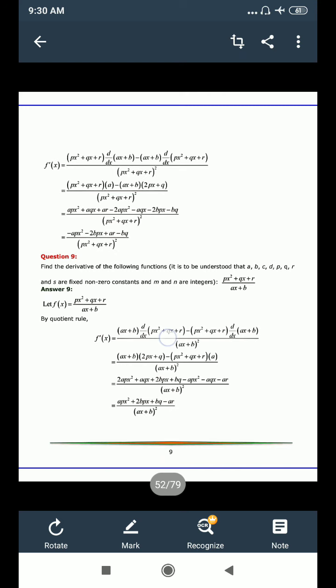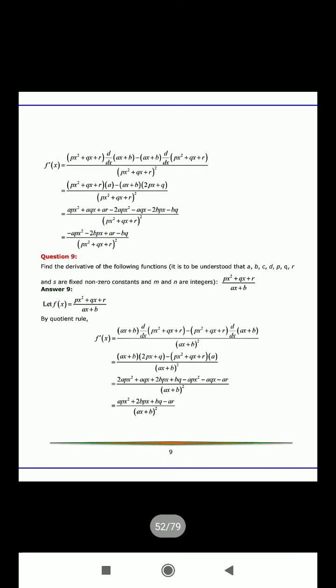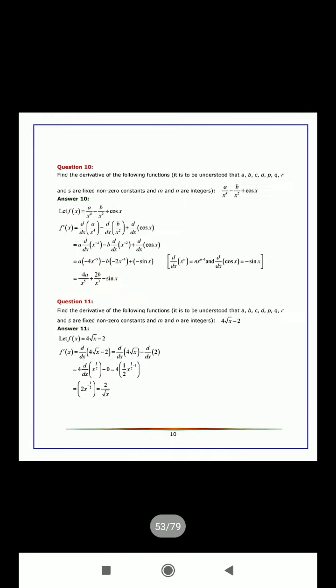Over here you will put the differentiation of this that we did in the previous question, that is 2px plus q, and derivative of ax plus b is a only. You just put the values and divided by denominator square. Now you just simplify the numerator by multiplying these two terms and these two terms, and whatever is left is your answer. Simplification is up to you.